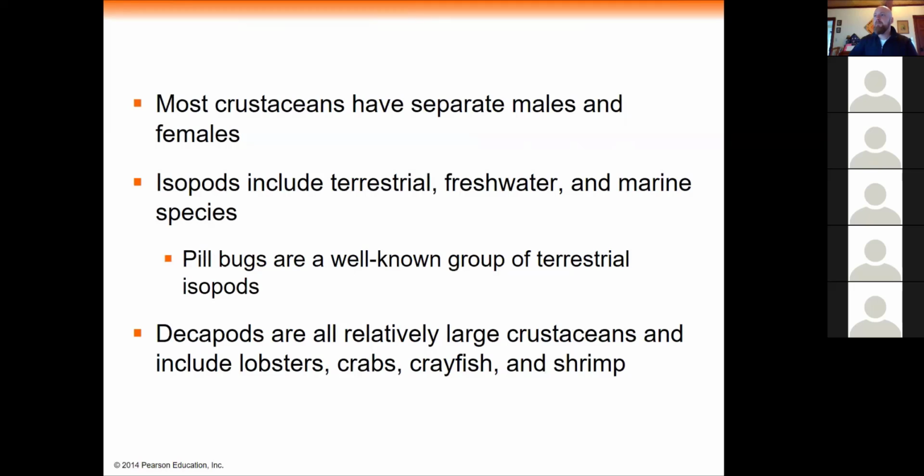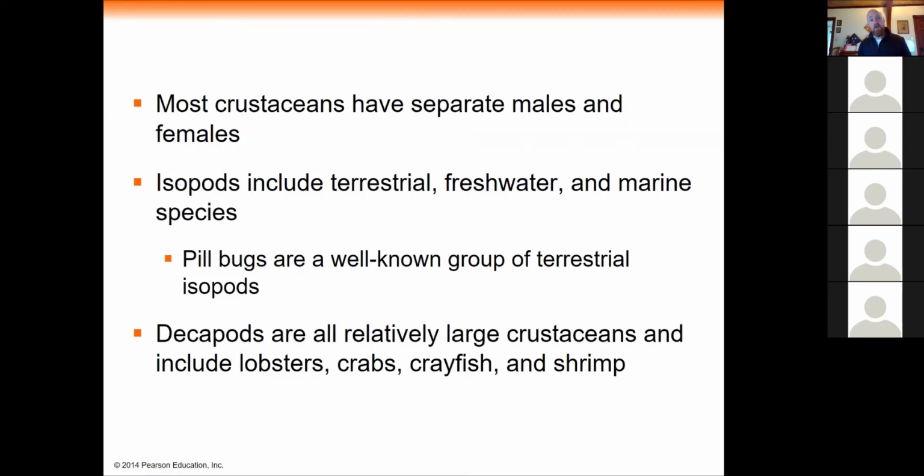So most crustaceans have separate male and female sexes. The isopods are one group that actually is on land and water. So isopods are pill bugs. Right now, if you went outside and flipped over a log, you'd probably find pill bugs under the log.